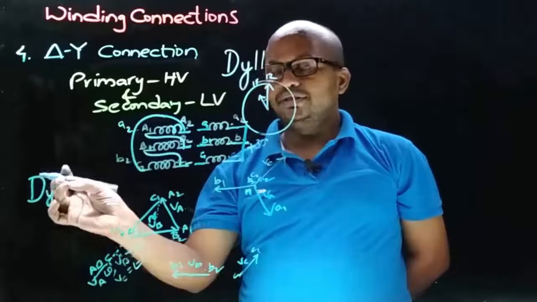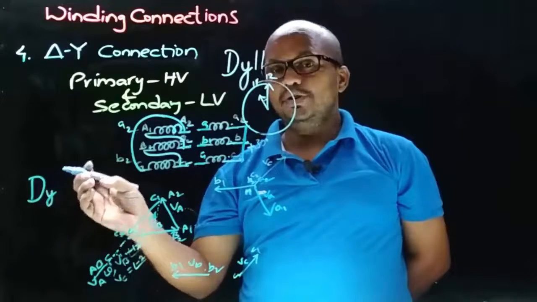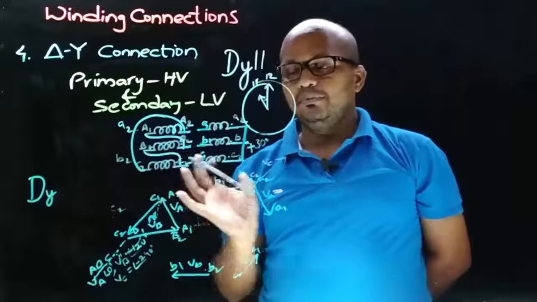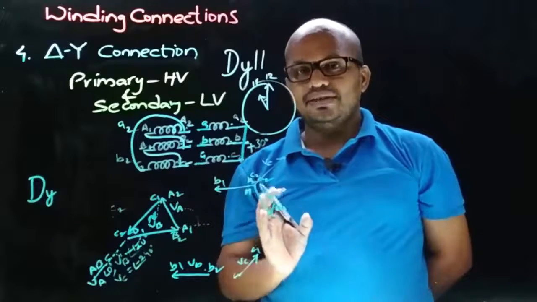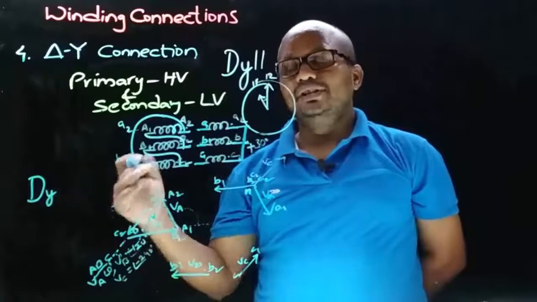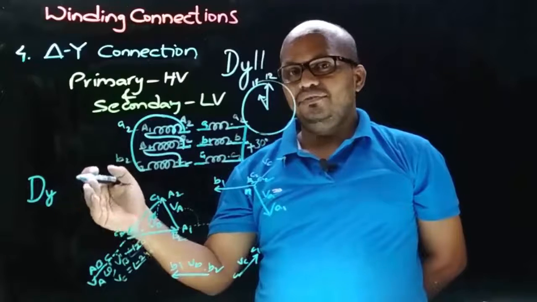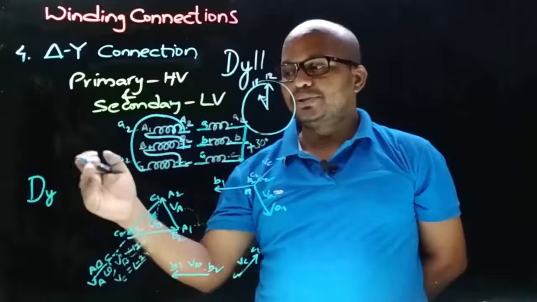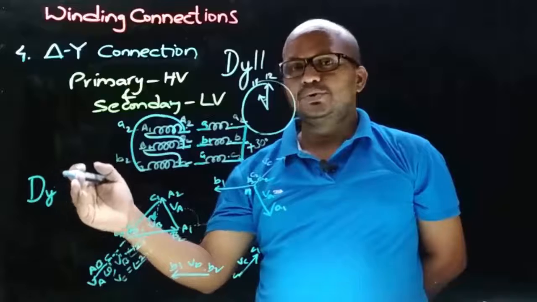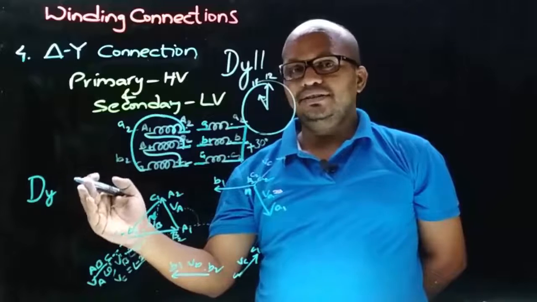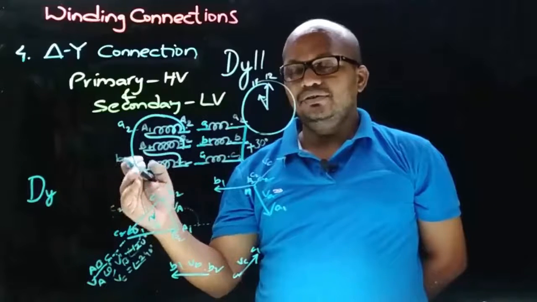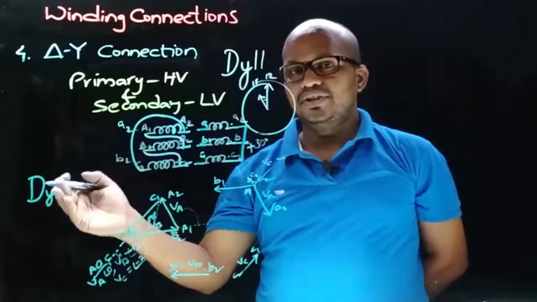Now we need to decide the third portion of the vector group symbol, which is a numerical, and that you can obtain by observing these phasor diagrams. That numerical will indicate the LV side phase to neutral voltage displacement with respect to the HV side phase to neutral voltage. Therefore, we need the LV winding phase to neutral voltage and the HV winding phase to neutral voltage.